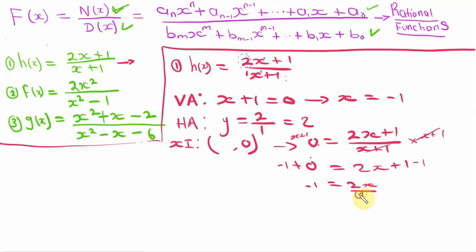Therefore, divide by 2, and we find that x is negative 1 over 2, which is the same thing as negative 0.5, our x-intercept. So at minus 1 over 2, the graph will intersect the x-axis.